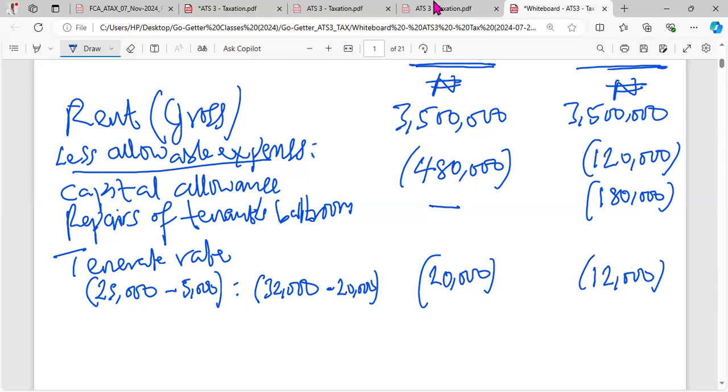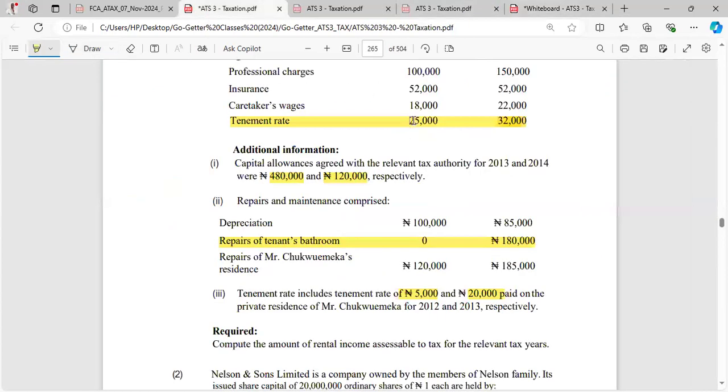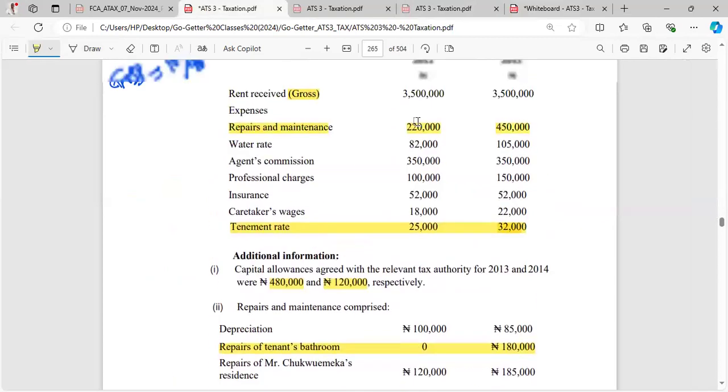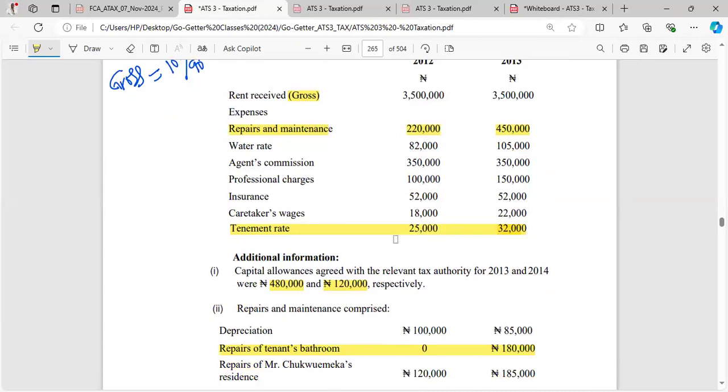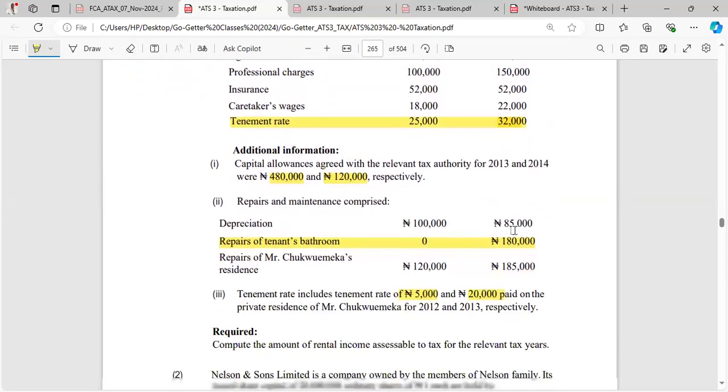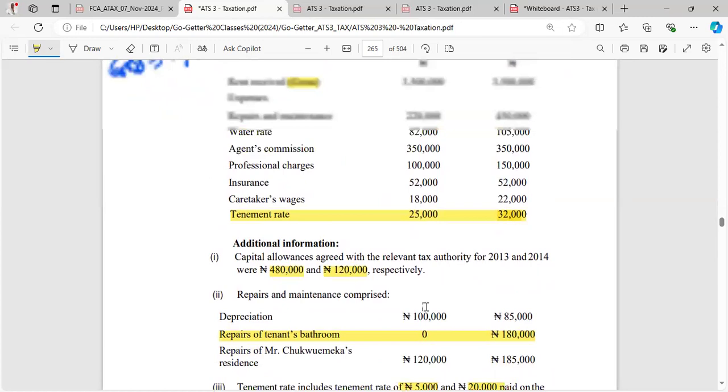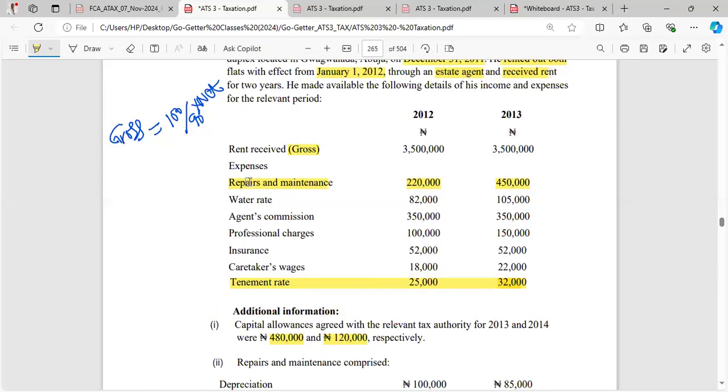So instead of 25 that was here, what should have been here is 20. And instead of this 32 here, what should have been here is 12. So we've done with tenement rates. So we'll go up now and check the ones we have not done. We've done repairs, we've done tenement rates.